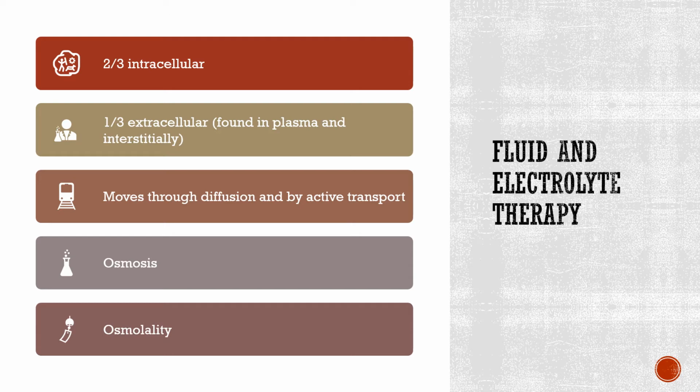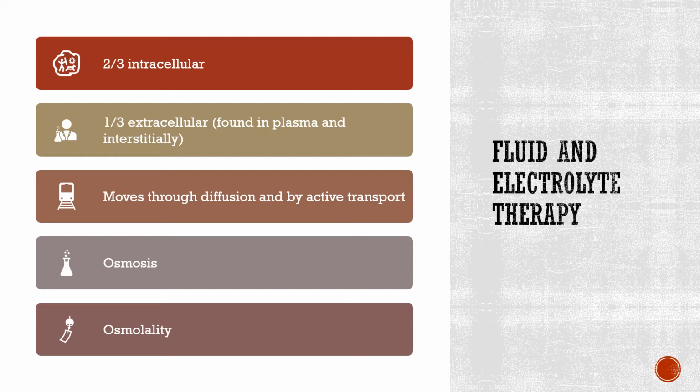And we'll talk about that more when we start talking about the specific types of fluids. When we're talking about active transport, this is the sodium-potassium pump. Remember the ATP pump that needs energy to move that through, and we'll talk about that a little bit when we talk about electrolytes.